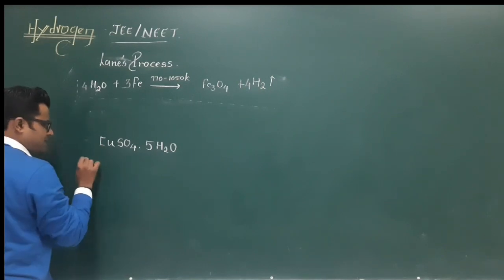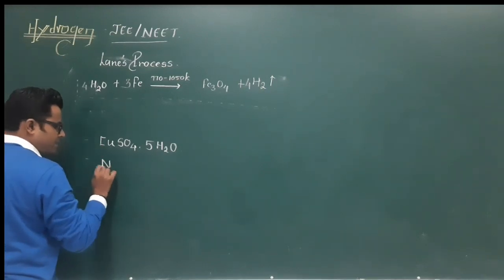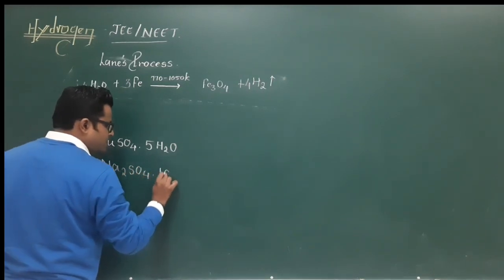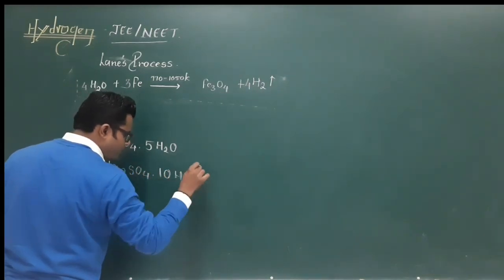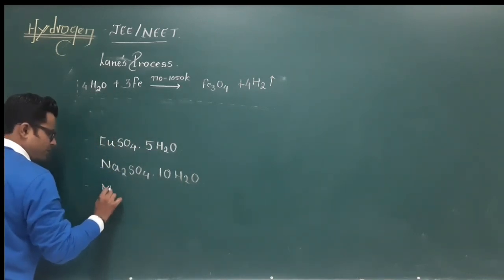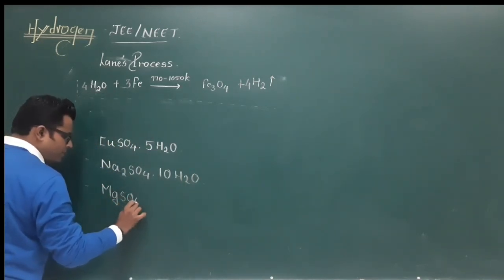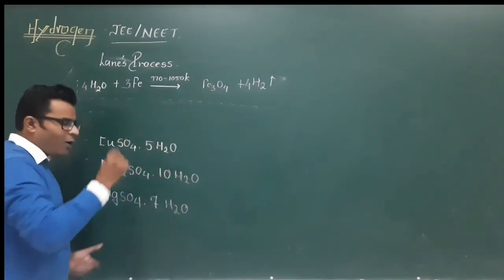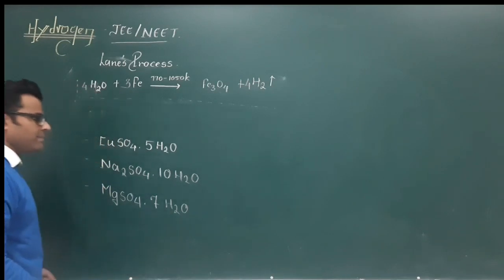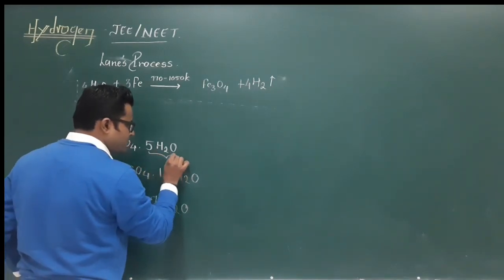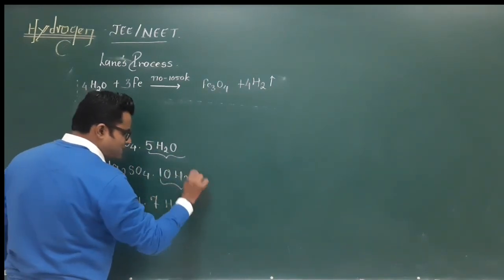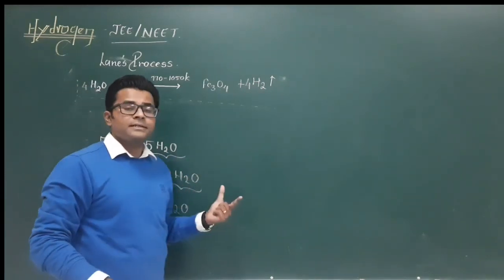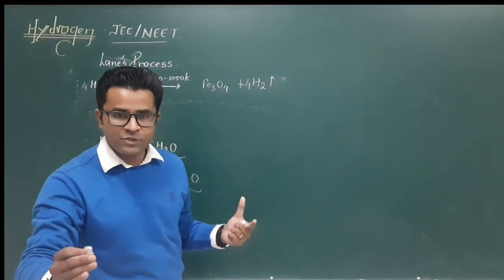Second example, Na2SO4 dot 10H2O. Let's say we have one more, MgSO4 dot 7H2O. In all 3 examples, the 5H2O, 10H2O, 7H2O are considered the water of crystallization.